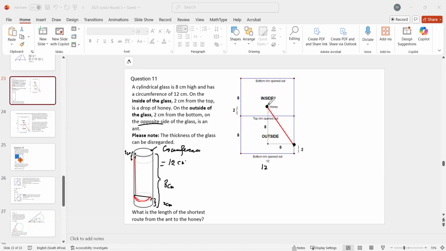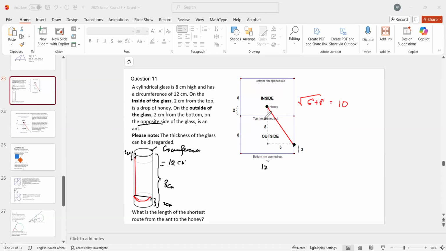And that is 8. Now, the distance here becomes quite easy once you see all this. Because the shortest distance now is just simply using Pythagoras. It is the square root of 6 squared plus 8 squared. And this is 10. All right, so the shortest pathway from the ant to the honey is 10.